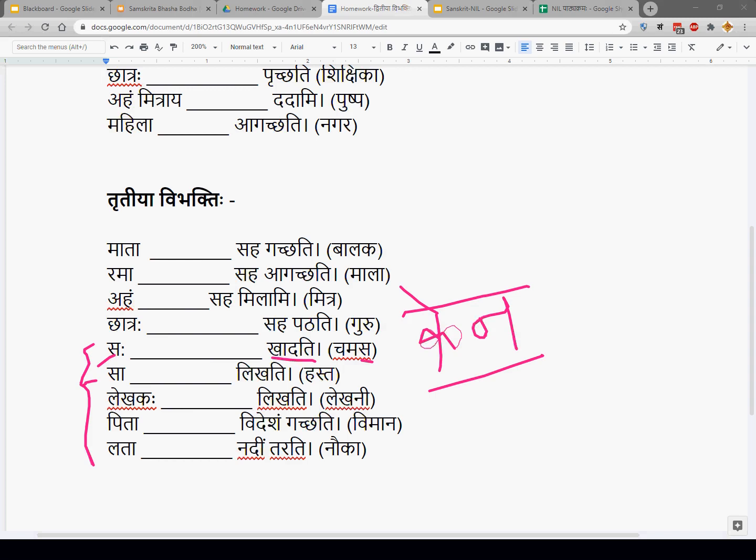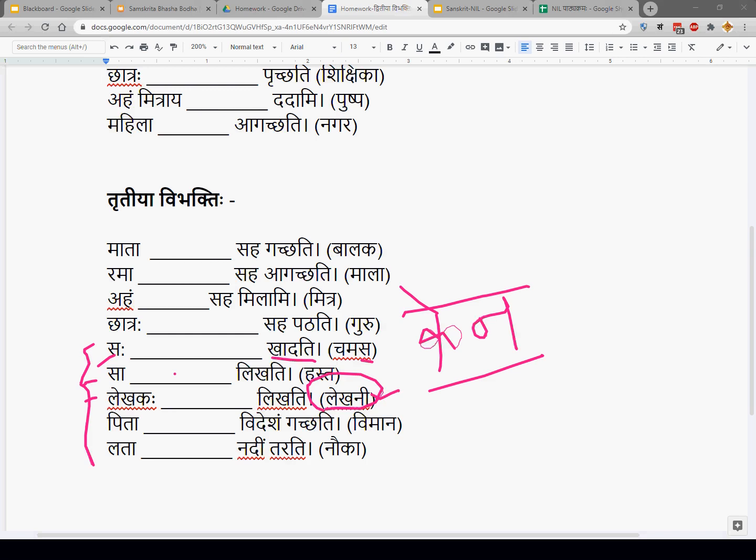Then sa hastena likhati. Then lekhakaha. Now here we have lekhani. So what should be the tritiya vibhakti of lekhani? This is like nadi, because this is a strilinga shabda.